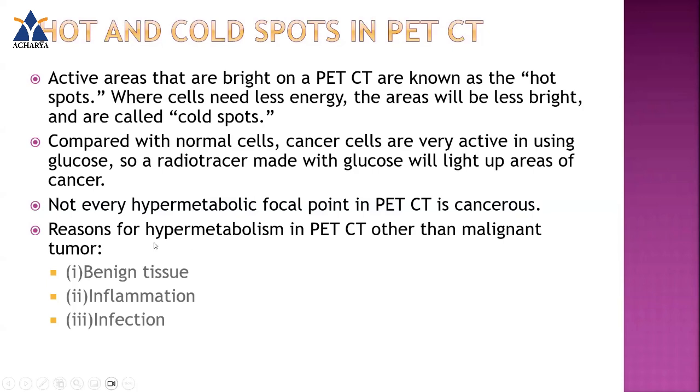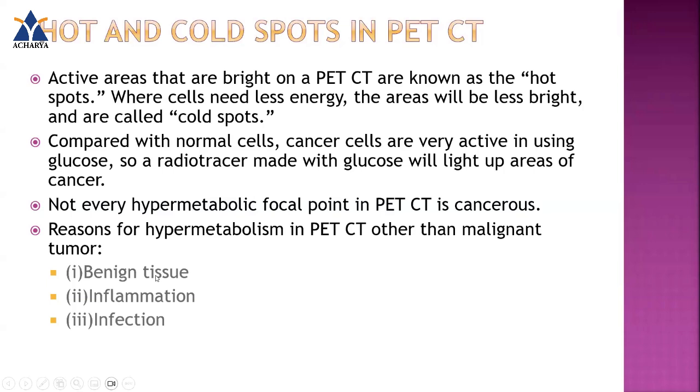Another thing is given as a caution. If a tissue absorbs the tracer, it cannot always be called cancer tissue, because hypermetabolism may be due to other reasons also. What are the reasons other than malignancy?